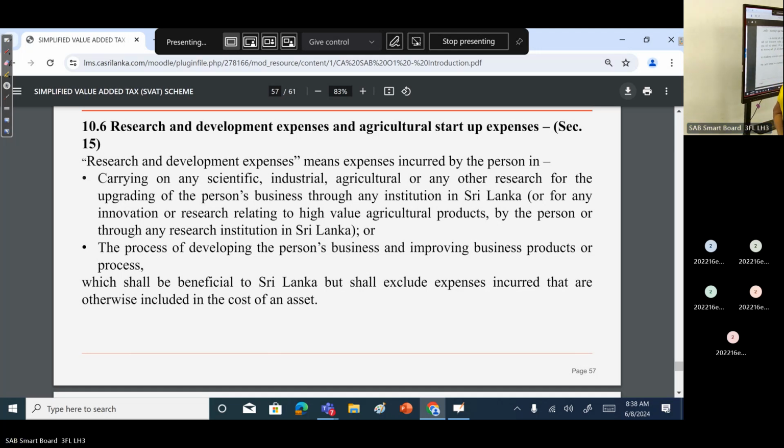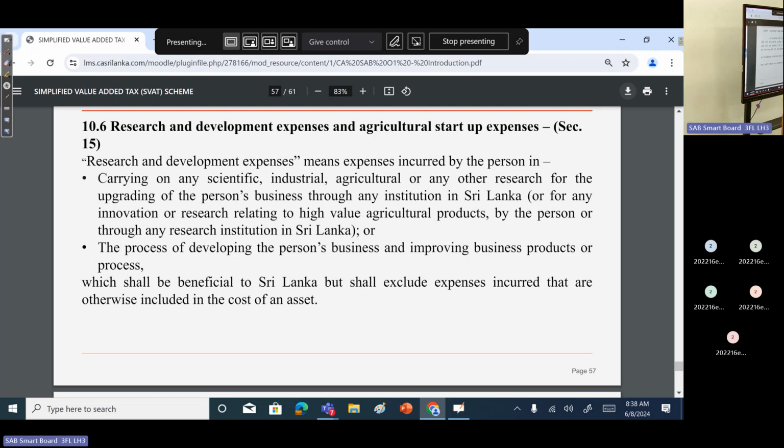Right? It says carrying on any scientific, industrial, agricultural, or any other research. You know that in Sri Lanka we have so many agricultural and research institutes. They are developing some new agricultural produce. Right?